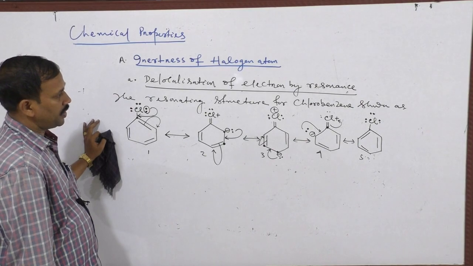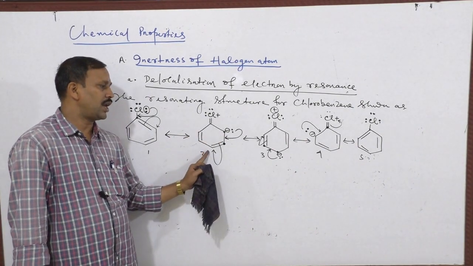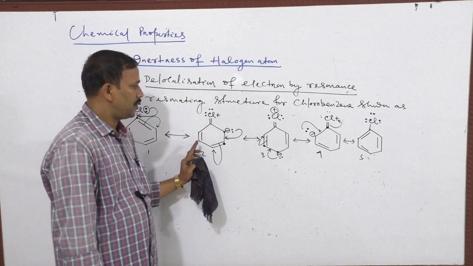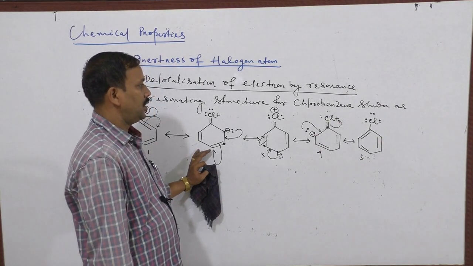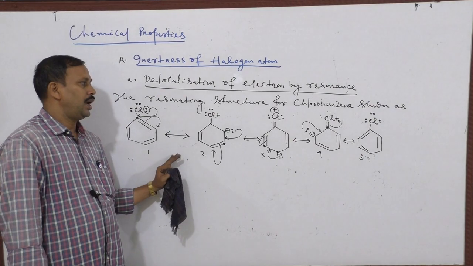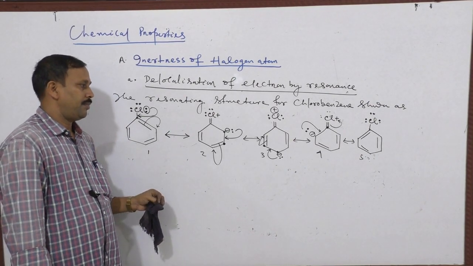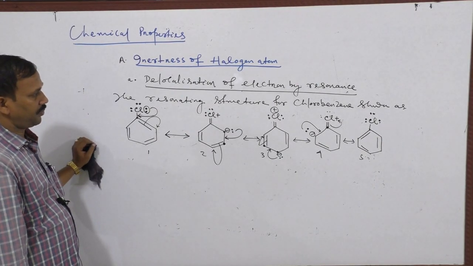Now the resonance phenomenon indicates ortho and para positions are electronically rich. So the electrophile must attack at ortho and para positions. Therefore, an aromatic compound can easily show electrophilic substitution reaction at a faster rate than nucleophilic substitution reaction.